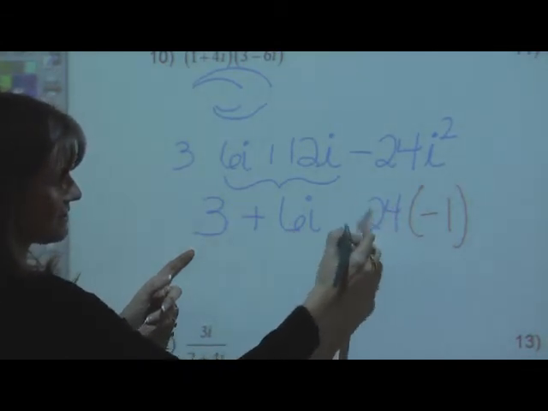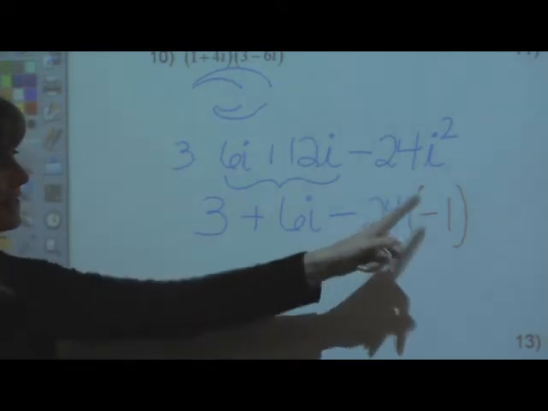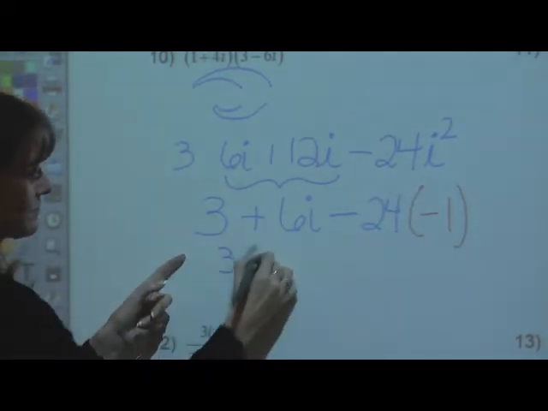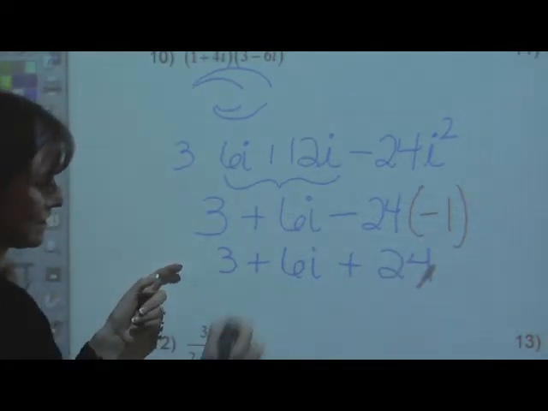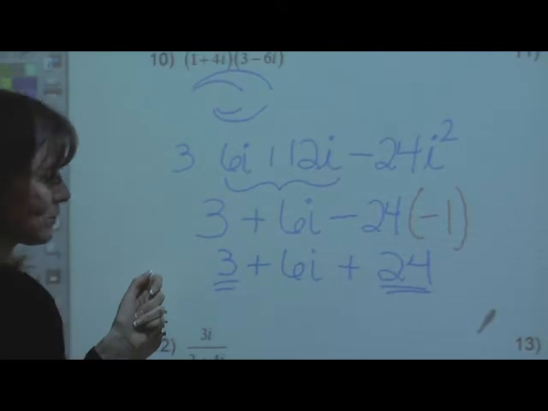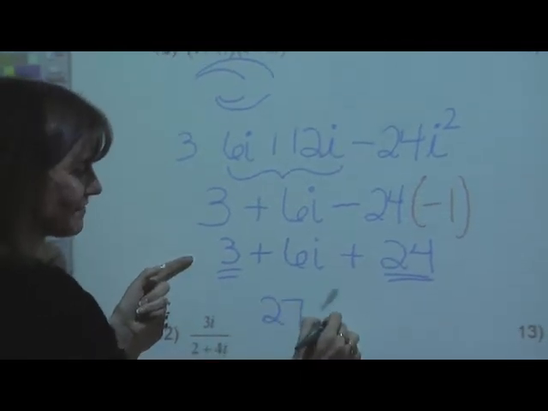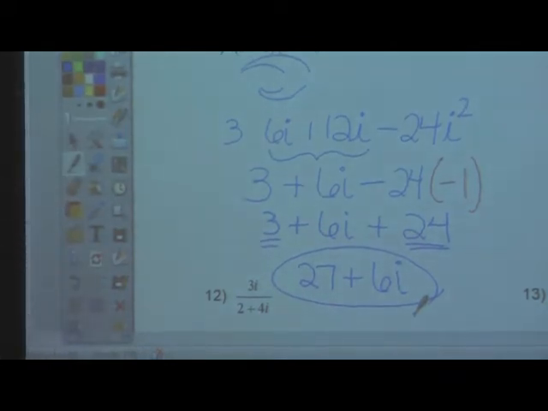So, whoops, I lost my negative sign here. There we go, it's back. Negative times a negative is a positive. I have 3 plus 6i plus 24. Put your real numbers together. 24 plus 3 is 27. 27 plus 6i is your simplified answer.